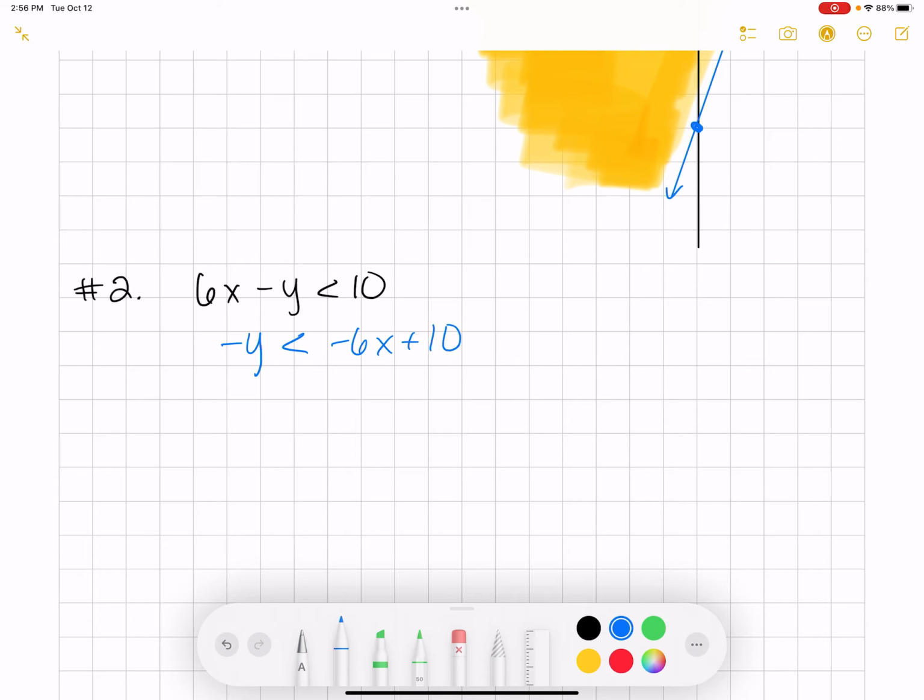I'm going to divide by the negative, so what do I need to do? You flip it. So y is greater than 6x minus 10.